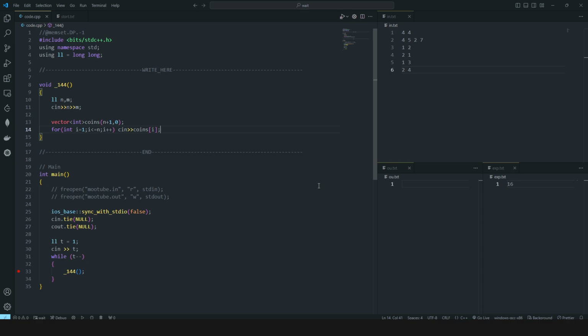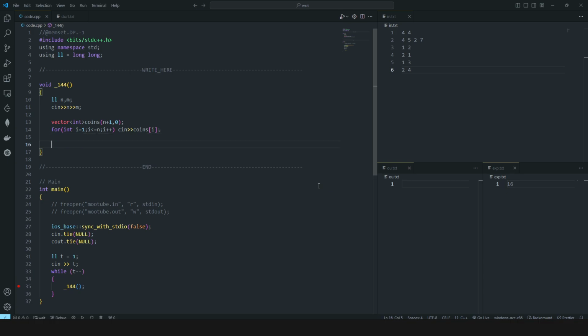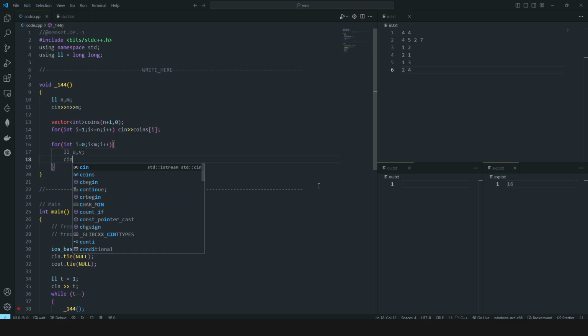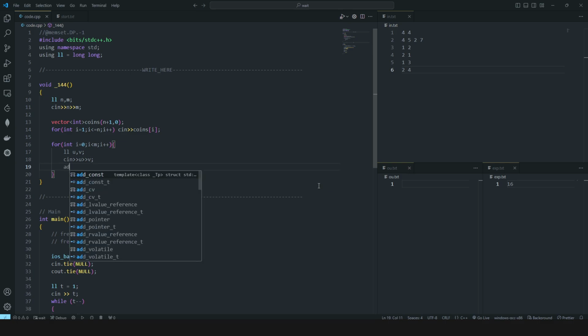After the input for the coins has been done, I want to take the input of the m tunnels. So there will be a directed edge from u to v, and I will be storing this in an adjacency list.